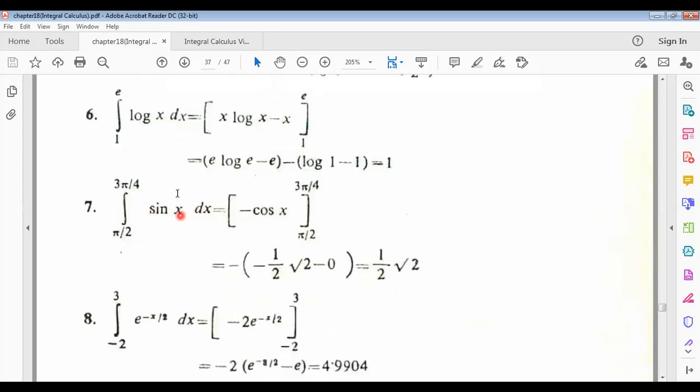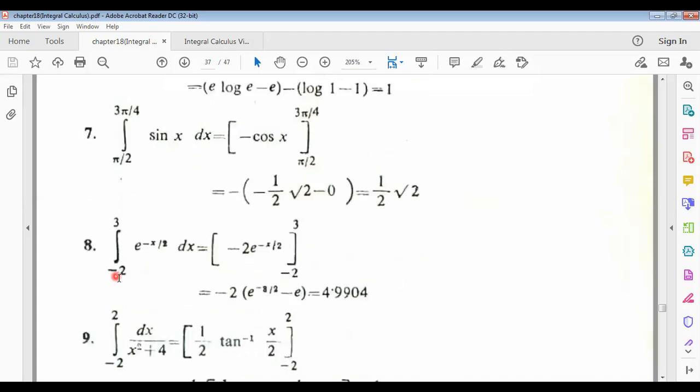Now the sin x formula, what will be? Minus cos x. Then putting the upper limit and lower limit, and using calculators, you will get this result. Similarly, the integral from minus 2 to 3 of e to the power minus x by 2. Actually, I have solved it by the substitution method earlier in this lecture.